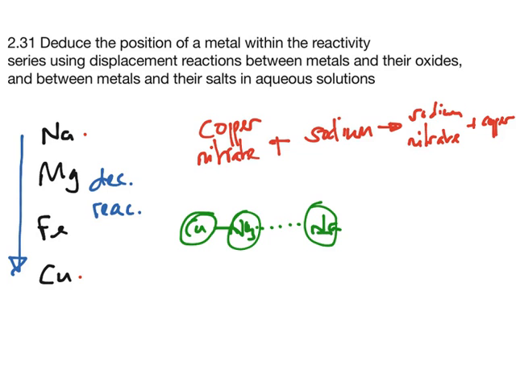Because the sodium is more reactive than the copper, it's able to form that bond, and then we end up breaking that bond there. So we end up having sodium nitrate and leaving behind the copper.